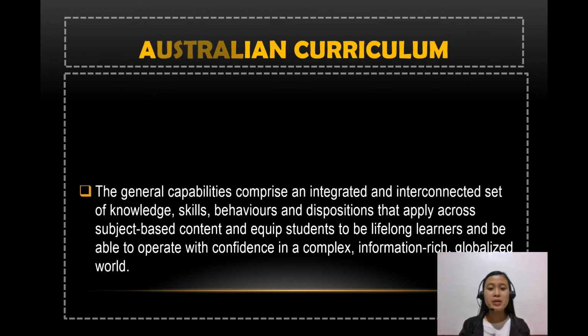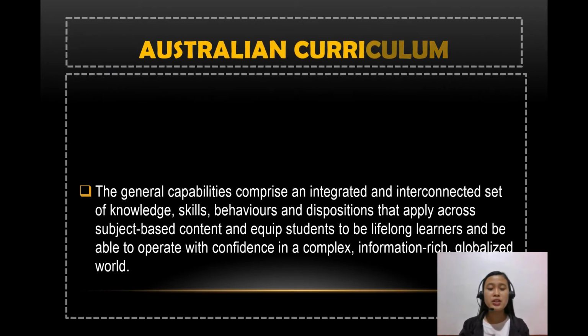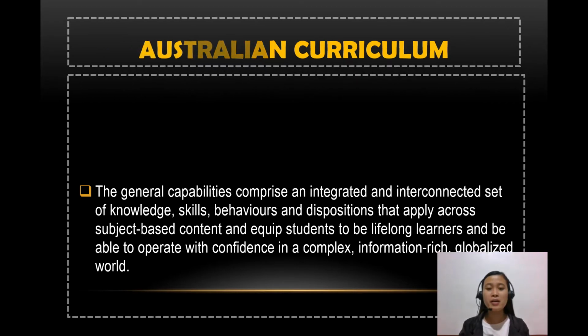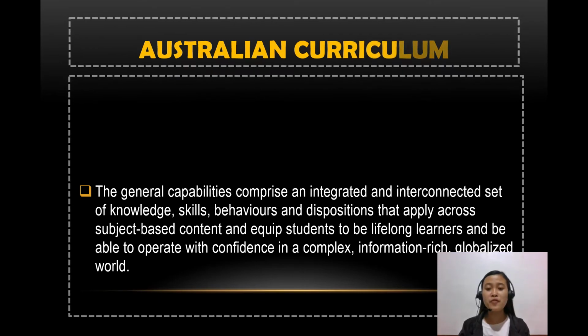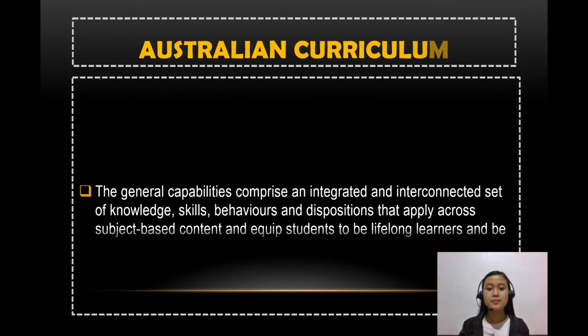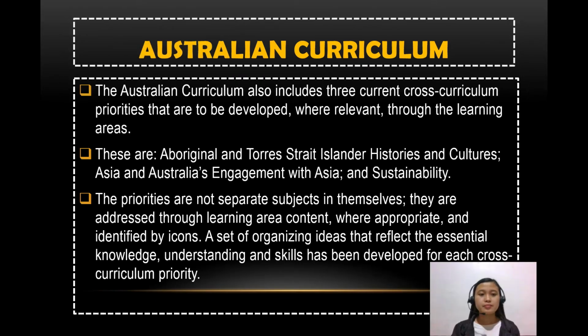The general capabilities comprise an integrated and interconnected set of knowledge, skills, behaviors, and dispositions that apply across subject-based content and equip students to be lifelong learners and be able to operate with confidence in a complex, information-rich, globalized world.